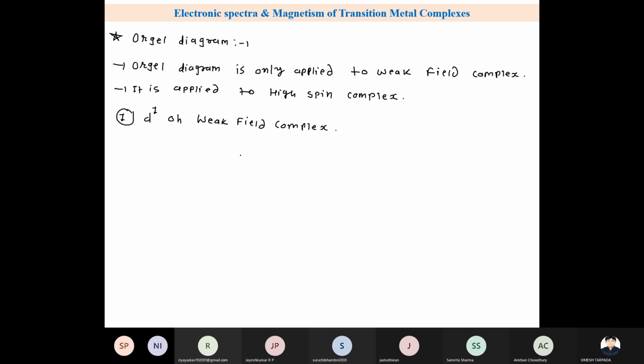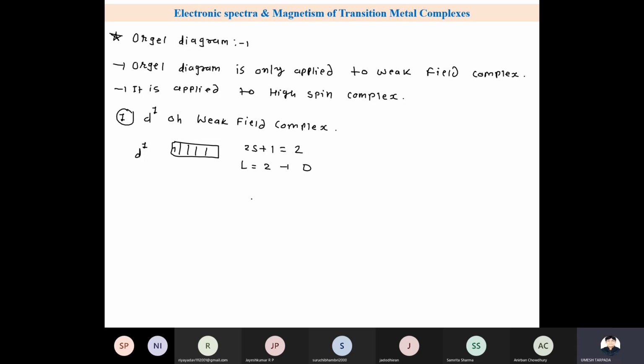The system is D1, so you have one electron in a d orbital. The term is T, the multiplicity 2S plus 1 is a doublet, and the L value is 2, so it is a D term. So the term becomes doublet D.